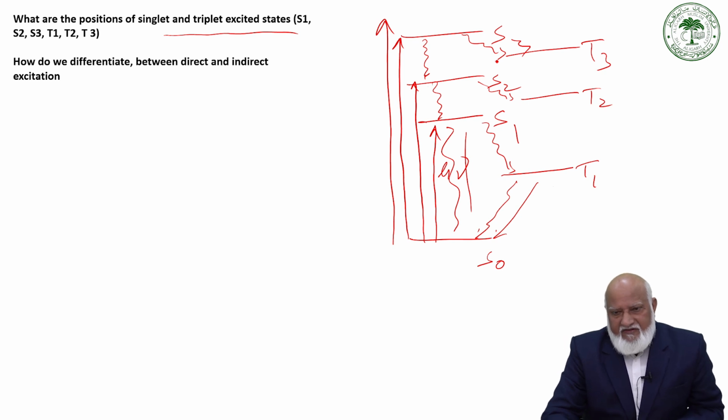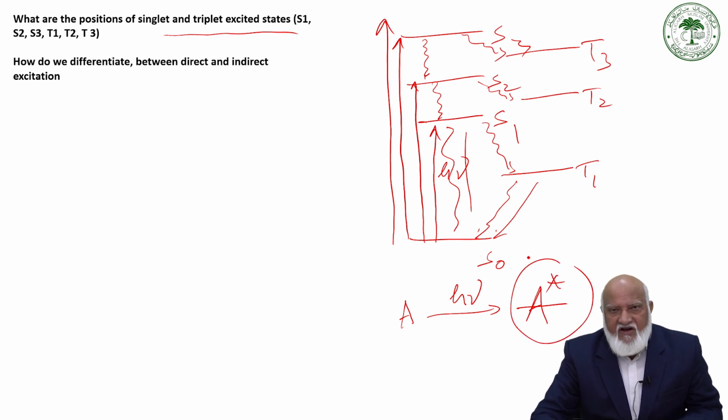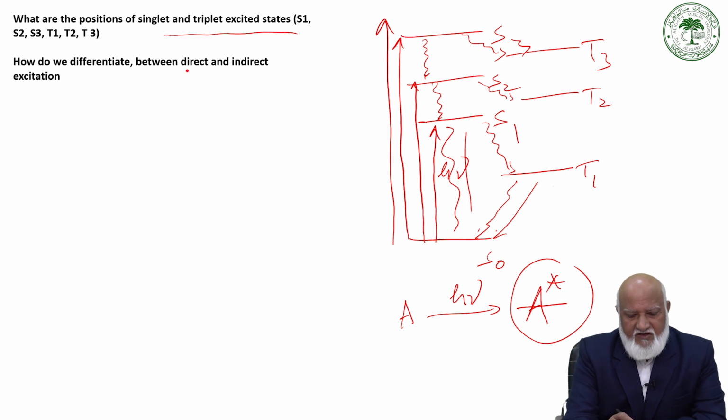Now, as I have mentioned, molecule A on absorption of light can go to an excited state, and these excited states are high energy species and short-lived. What are the different ways for this excitation? There are two different ways we can bring the molecule to the excited state, by direct excitation.